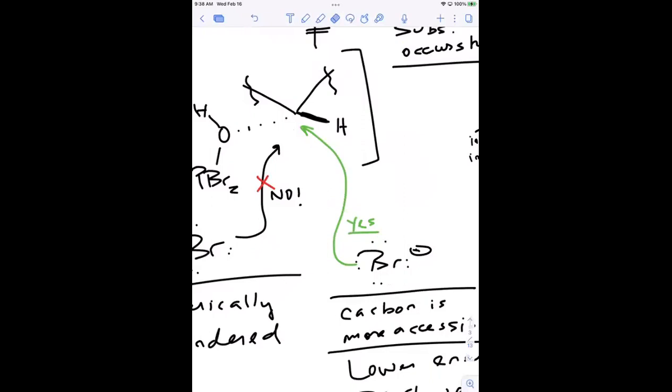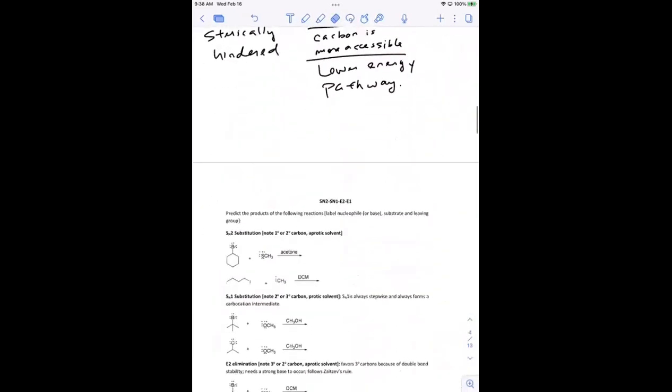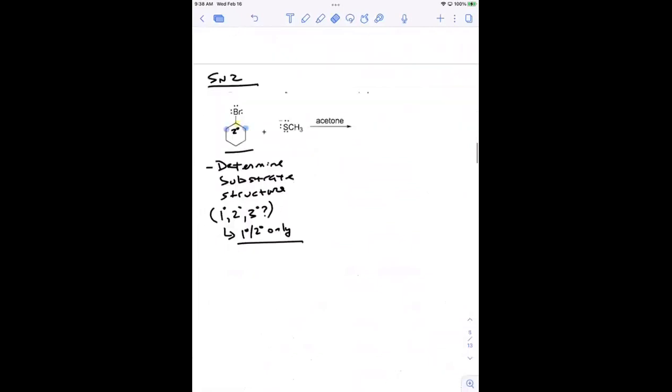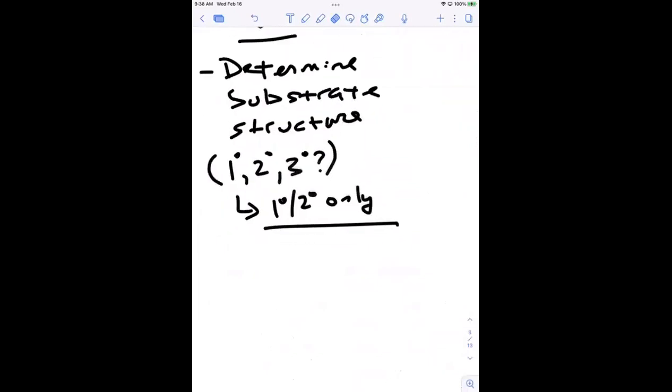If this was a tertiary carbon, and I'm just going to make this group right here, if this was another carbon right here, that backside would be blocked. So it would be impossible for your nucleophile to come in. So primary and secondary carbons, yes, for SN2; tertiary, no. All right, so I'll just put that down here.